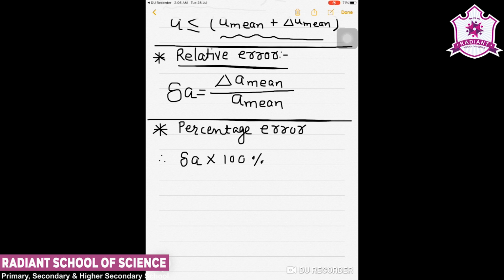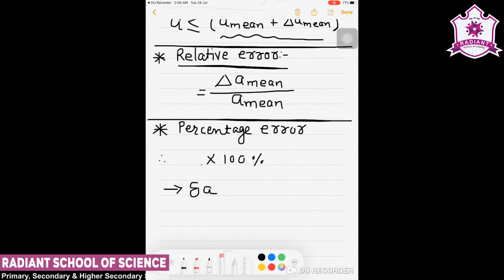So it can be represented as delta A. Actually relative error has no specific symbol, it is just the ratio, but this percentage error is actually the relative error into 100. So relative error into 100 is called percentage error.